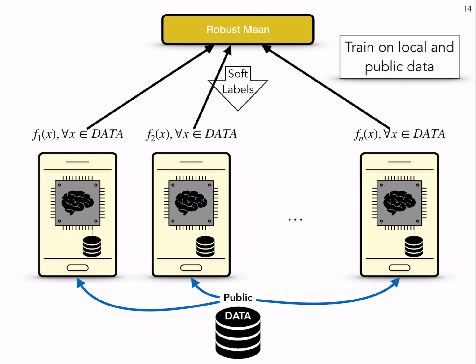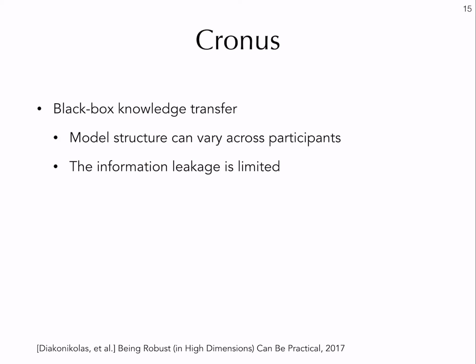So here what is very interesting is that in the case of using this black box knowledge transfer distillation algorithm, the model structures of course could be heterogeneous because we are aggregating the model predictions. So the parameters and the model structures and the type of the models could be different.